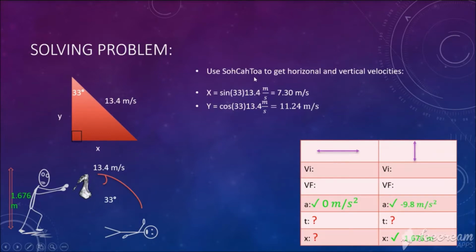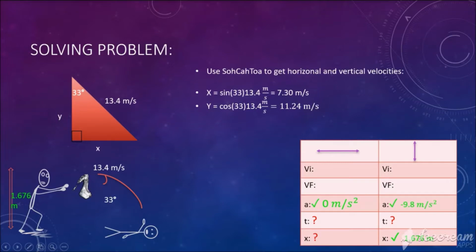The next thing we're going to do is use SOHCAHTOA to get the horizontal and vertical velocities. You can use regular SOHCAHTOA if you have one angle measurement and one side measurement of the triangle that you make. I labeled the horizontal one as X and the vertical one as Y. To solve for X, you use sine, because for the sine part of SOHCAHTOA, it's opposite over the hypotenuse.